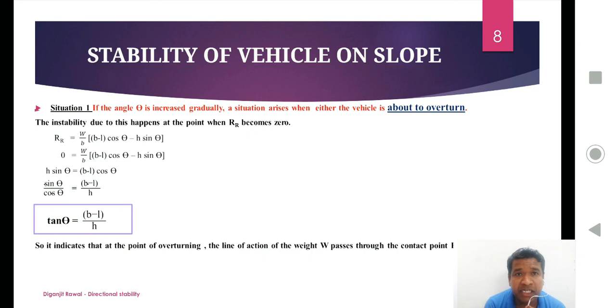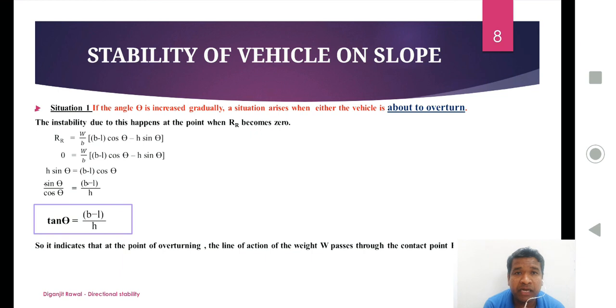The instability due to this happens at the point when RR becomes 0. So about to overturn, at that time RR is equal to 0. We have to consider RR is equal to 0. So RR is equal to W by B into whole bracket B minus L cos theta minus H sin theta. We found this in the previous slide.